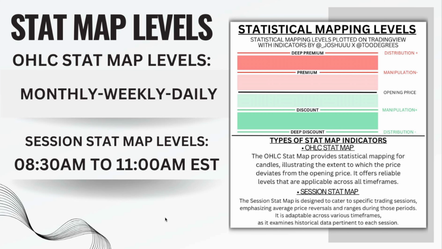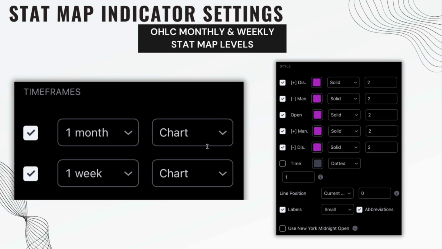So that could either be the NY AM session, PM session, the entire New York session, Asia, or London. And it even goes as deep as selecting ICT macros to create certain stat map levels as well. So now we're going to go over the stat map indicator settings.